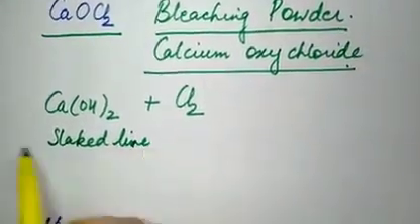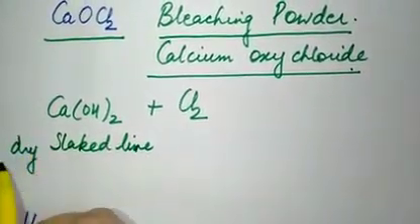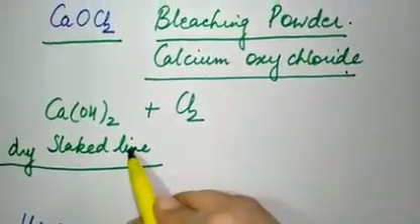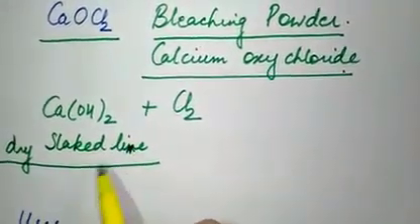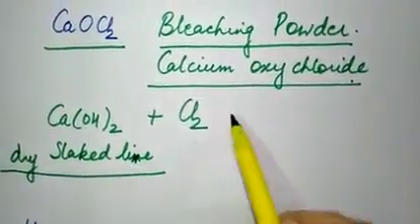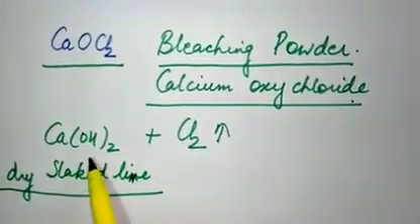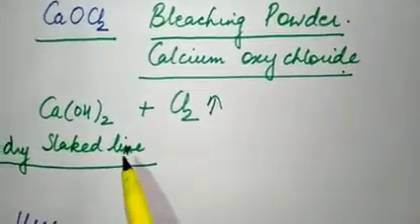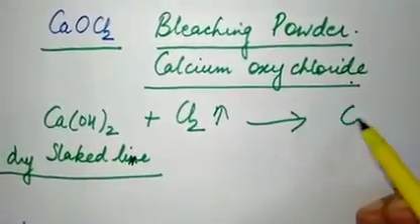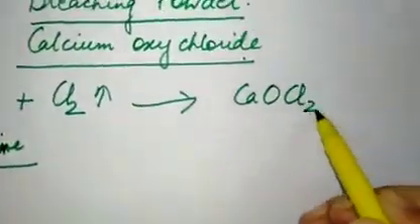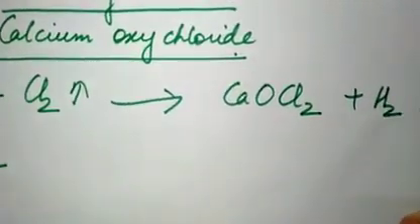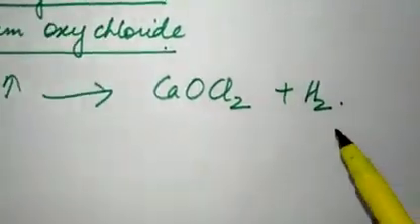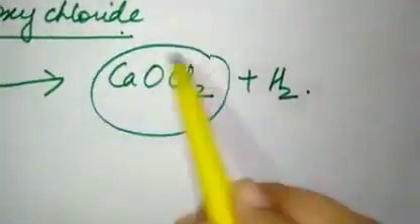Now what is done is that dry slaked lime. This is very important here, that this is not aqueous, this is dry slaked lime, and chlorine gas is passed over this dry slaked lime, and the action of chlorine gas on dry slaked lime produces calcium oxychloride, and hydrogen gas is evolved during the process, and this is your bleaching powder.